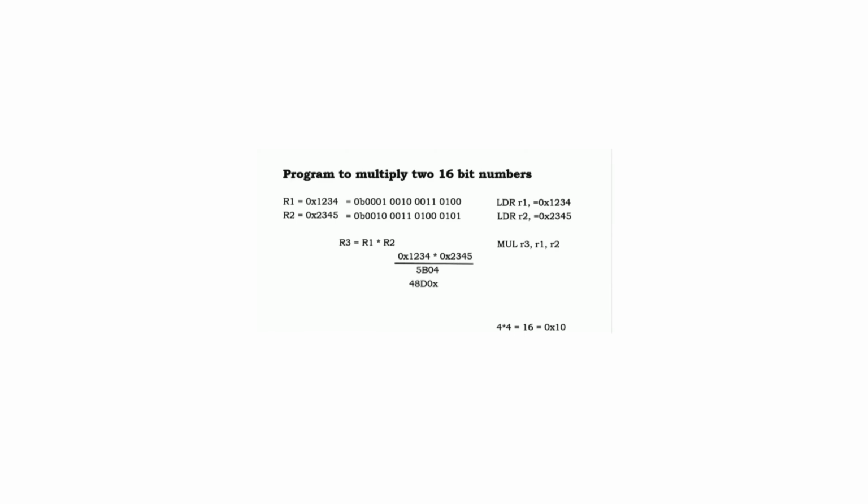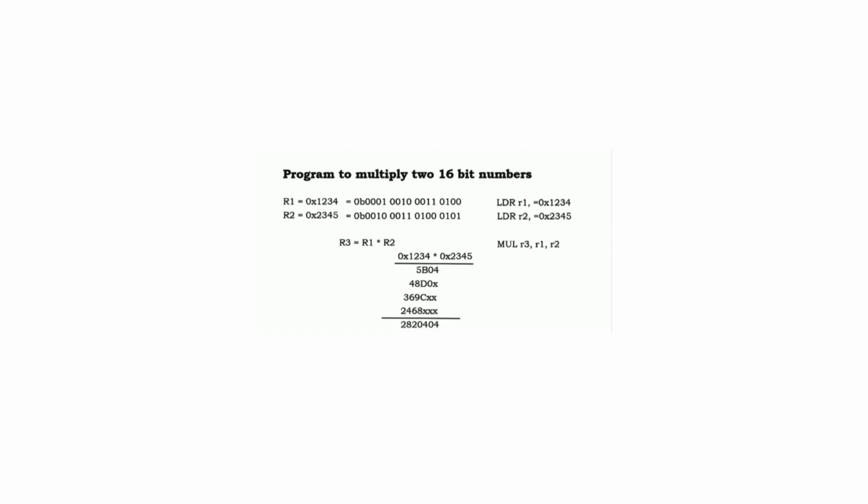Next 4 into 1 is 4. We got 48D0. Similarly, we will multiply for all the numbers and we get the answer as 2820404. After all the multiplication, we will add these values.